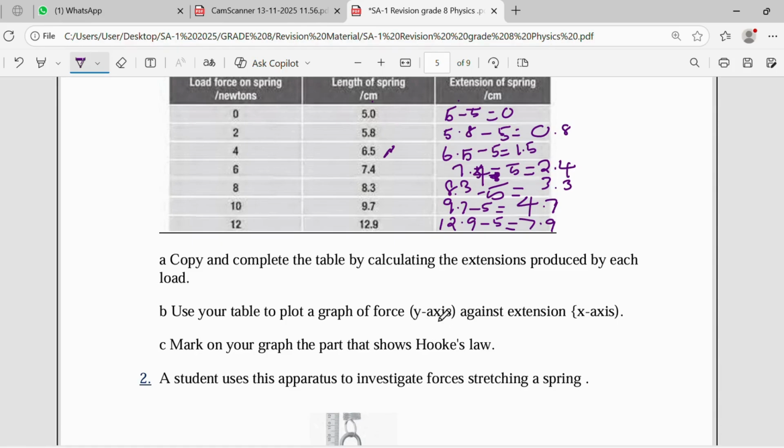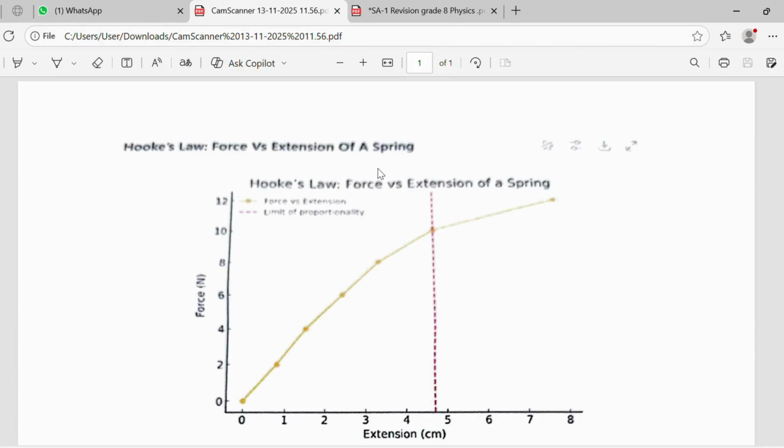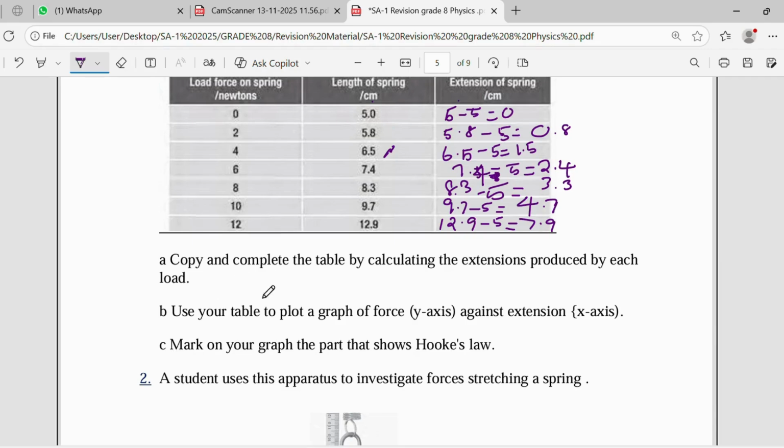The force we take on the y-axis, and the extension we take on the x-axis. Remember, the force is on the y-axis and the extension is on the x-axis. If you plot the graph, you'll get a graph in this way. So this is the graph for the given data. That is a Hooke's law question.